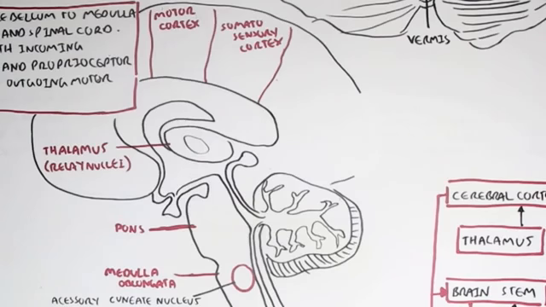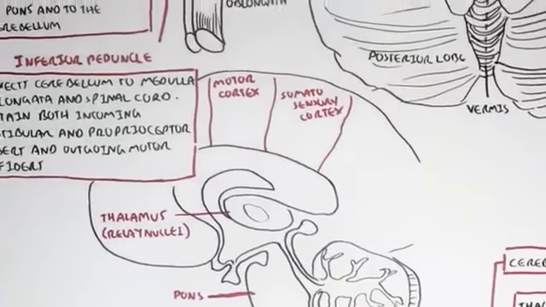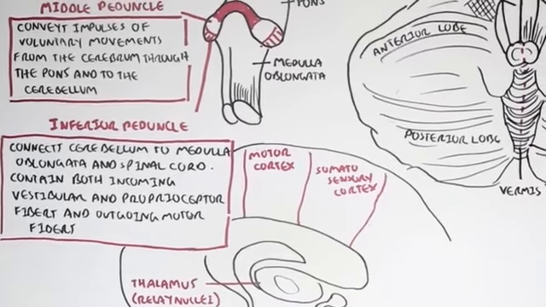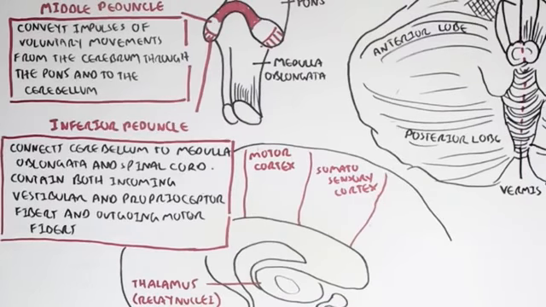Now with this diagram, let's see an overall picture of how the motor cortex, or how we will initiate a motor movement, such as moving our hands or moving our legs when we walk. First of all, notice the middle peduncle's role, in that it conveys impulses of voluntary movements from the cerebrum through the pons and to the cerebellum.